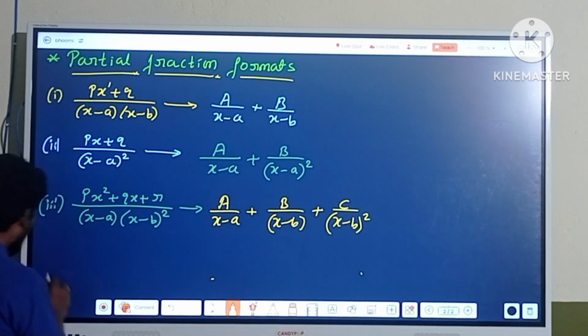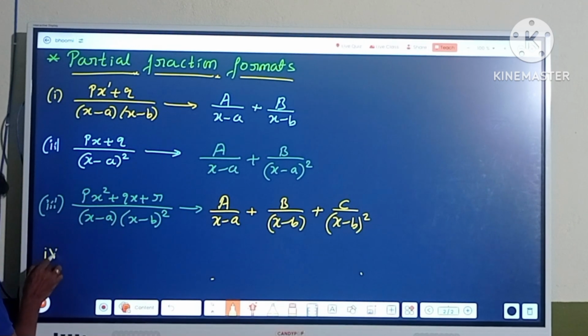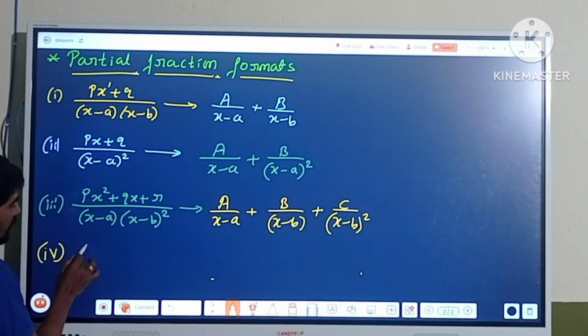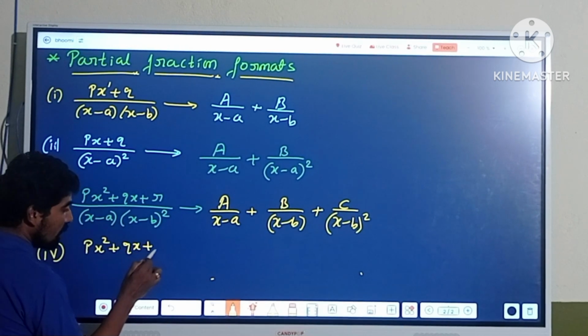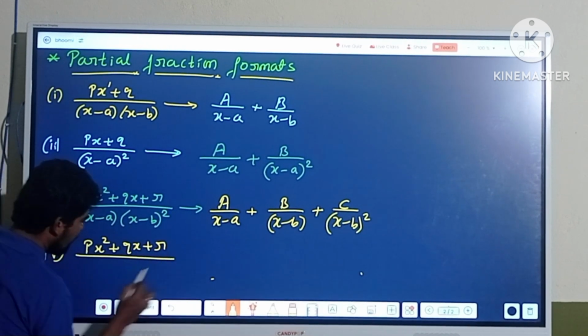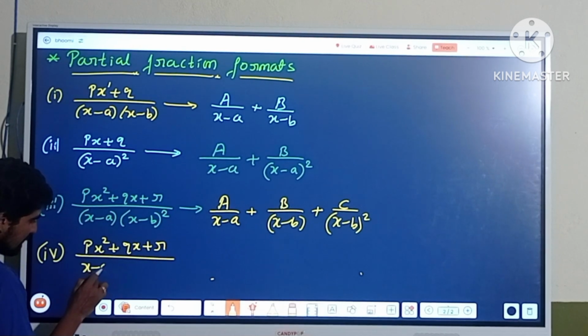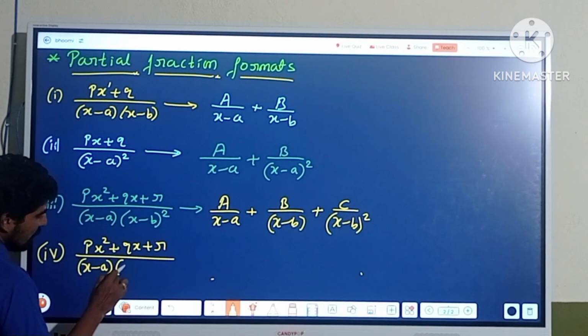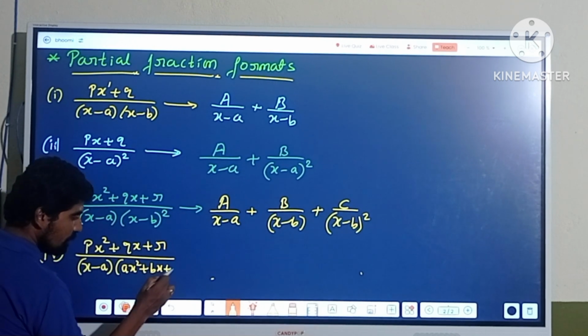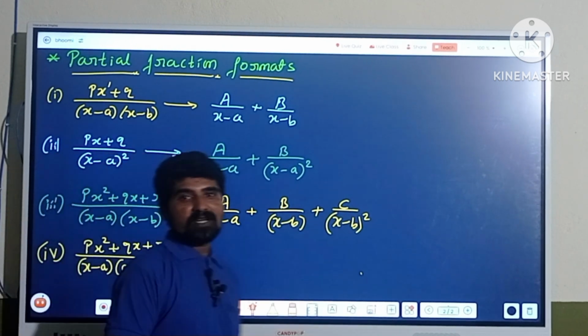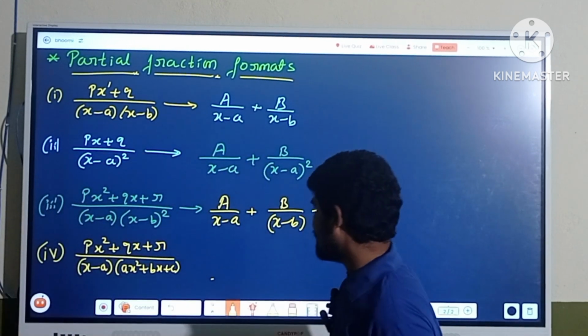And the fourth format is: (px square plus qx plus r) divided by (x minus a) into (ax square plus bx plus c). Now observe here, this is also one of the proper rational functions.